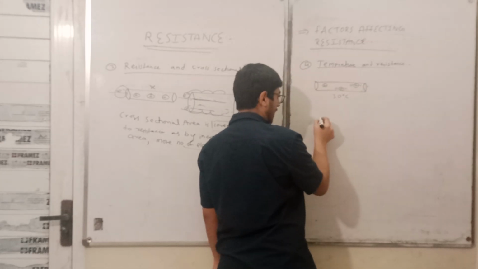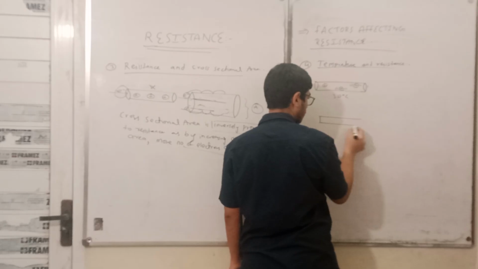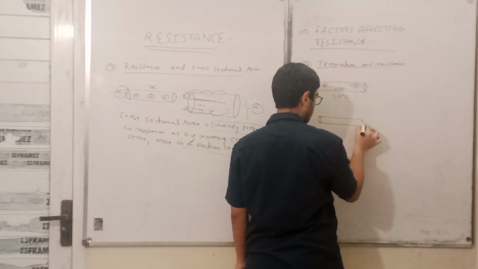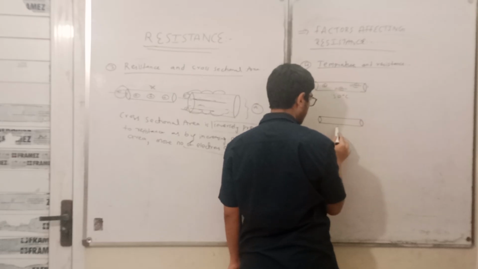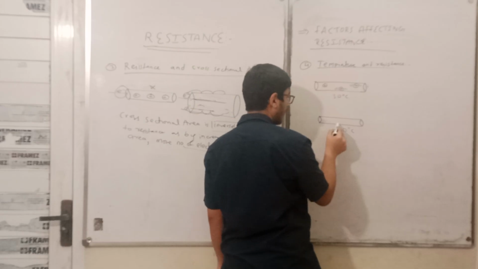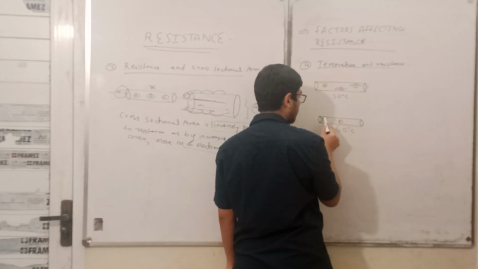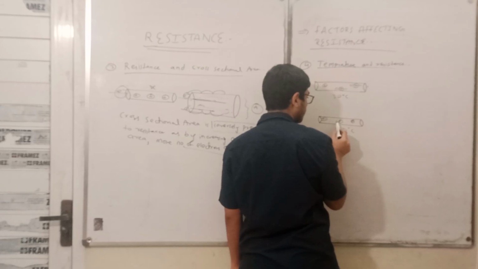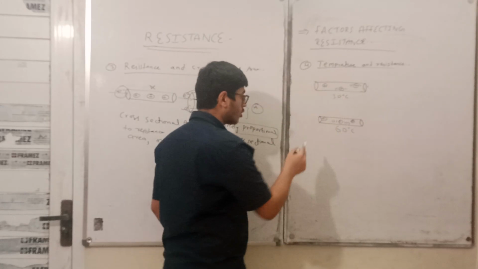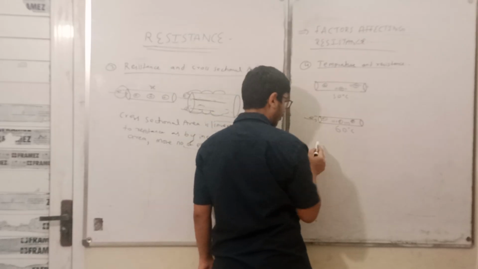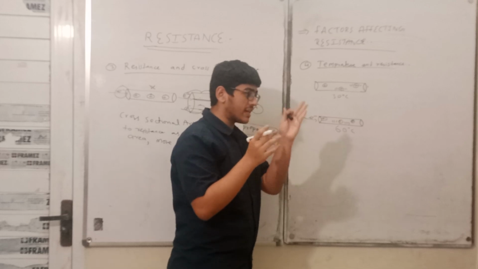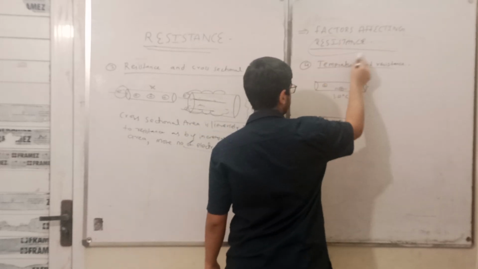But if I increase temperature and raise it to 60 degrees, we have already studied in thermal physics that particles will gain energy. As a result, they will vibrate vigorously. Therefore, they will collide with the electron more frequently, thus increasing the resistance and increasing the hindrance for it to flow. That is resistance.